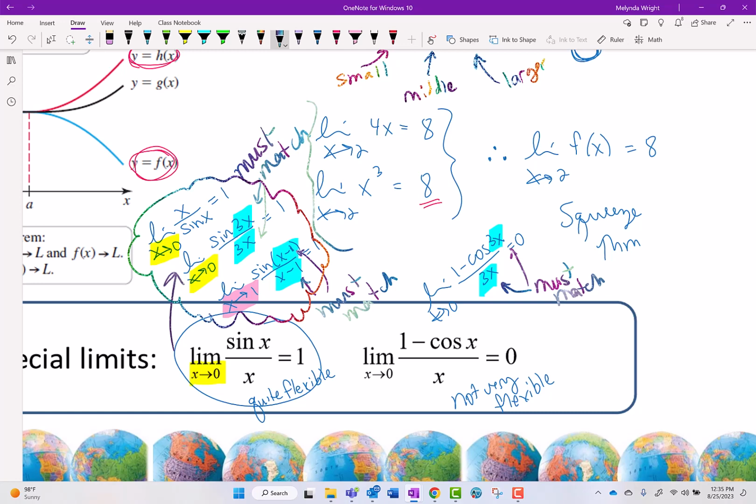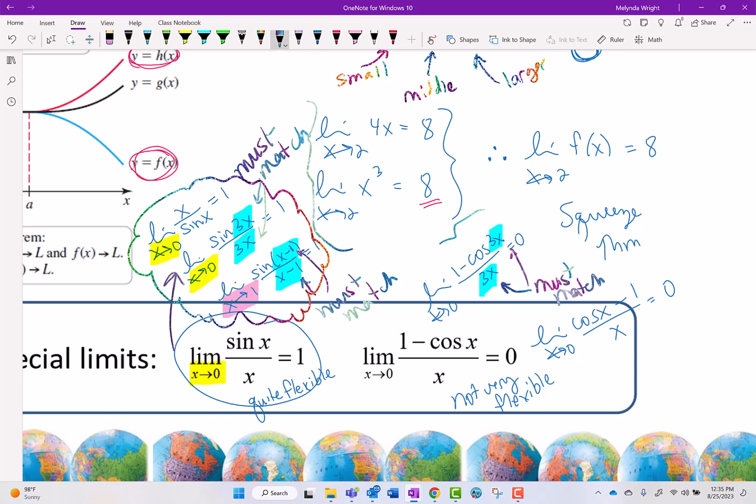I mean, there is one other thing which I see every once in a while. It is okay, the limit as x goes to 0, to reverse and say cosine x minus 1 over x, because that's basically negative 0, which is 0. So that's really as flexible as that one gets.